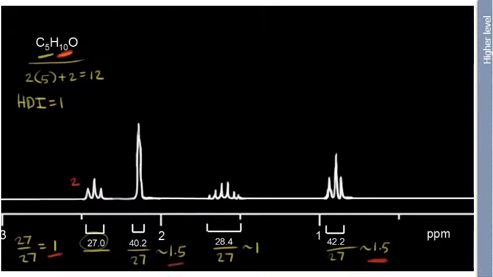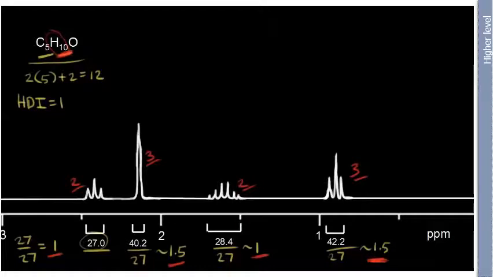If we multiply 1.5 by 2, we get 3, so this signal represents 3 protons. If we multiply 1 by 2, we get 2, and if we multiply 1.5 by 2, we get 3. If you add all those up, 2 plus 3 plus 2 plus 3, that's of course 10 protons. So now we've accounted for all 10 protons using our integration values.